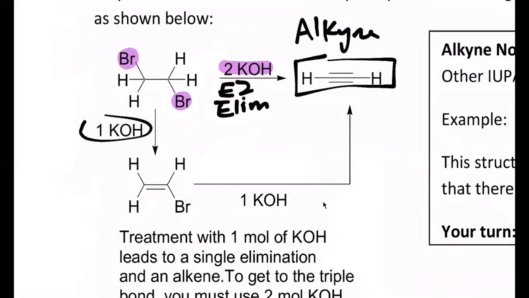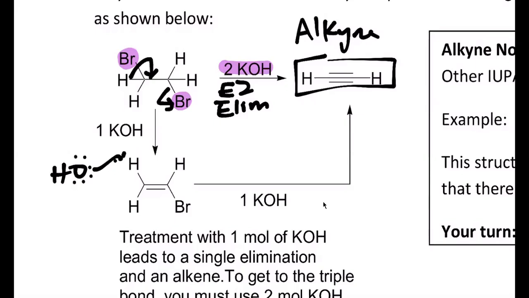You add 1 equivalent of KOH, and then you pull off HBr. Let me just show you that. All right, so you lose HBr there, and then you add a second equivalent of KOH, and that's going to come in and pull off another proton.